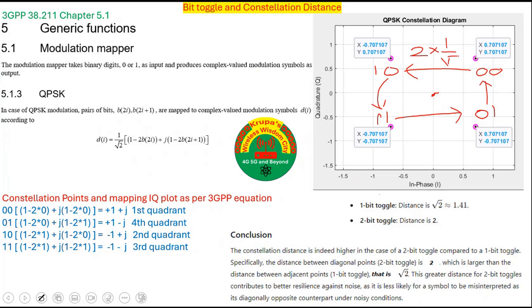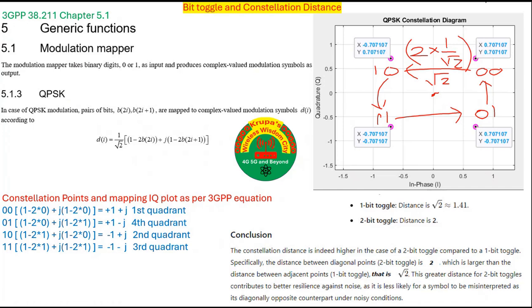It's very clear, there is no doubt about it, because 0.707 is 1 by root 2. So the distance will be 2 into 1 by root 2. That means with a 1 bit toggle, I am causing root 2 distance to be covered.